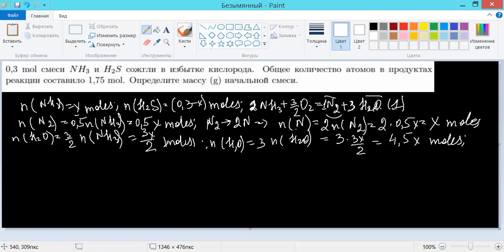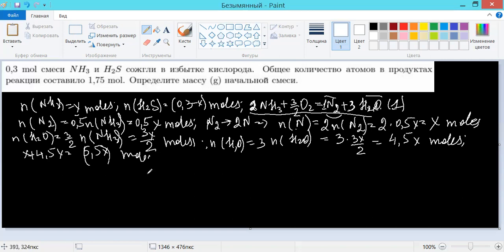And totally, we can see that in the first reaction, the total amount of atoms accounts for x plus 4.5x, and that gives 5.5x moles.